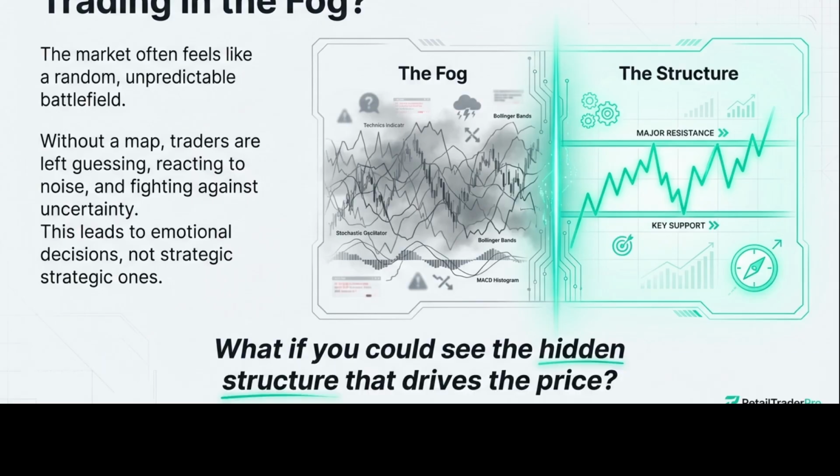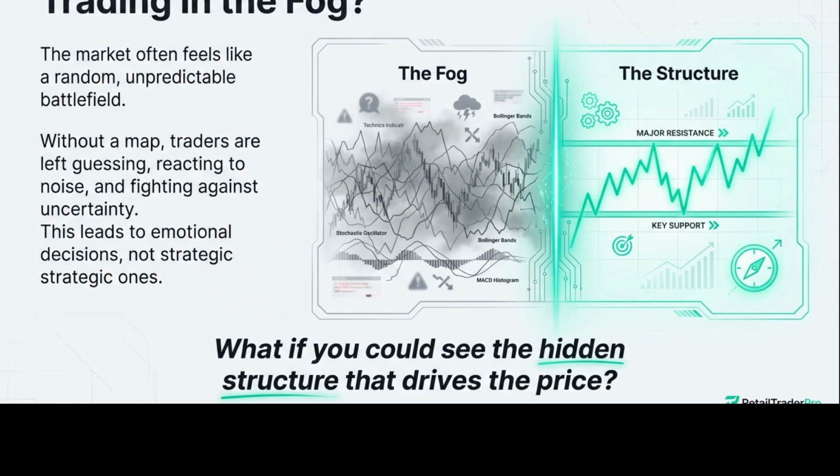Remember that trading in the fog is one of the most difficult parts, because sometimes we feel that the map for trading is not clear. But what happens? The market often feels like a random, unpredictable battlefield.